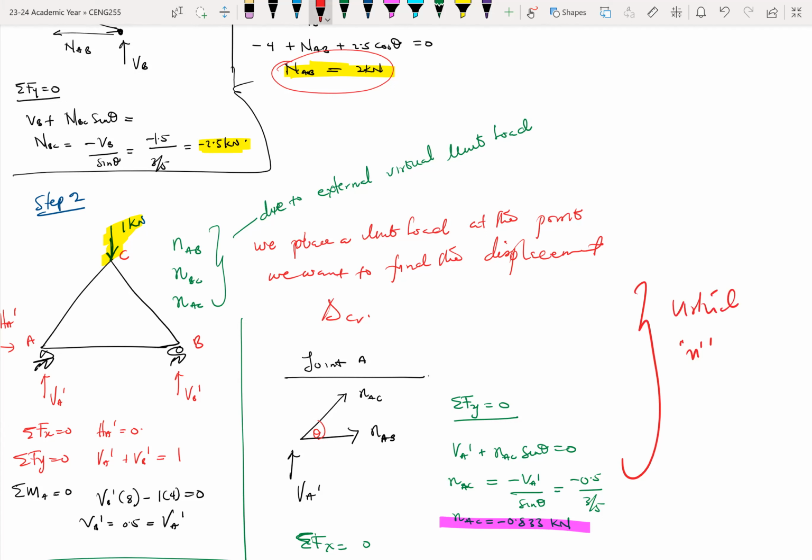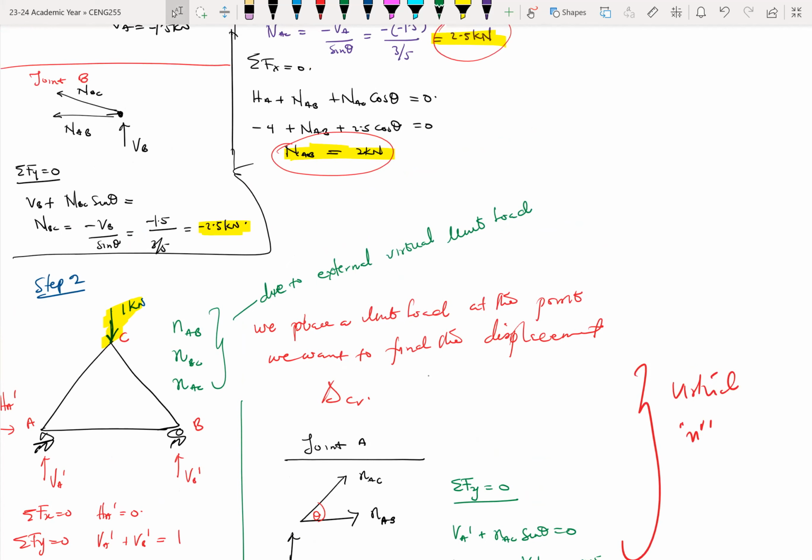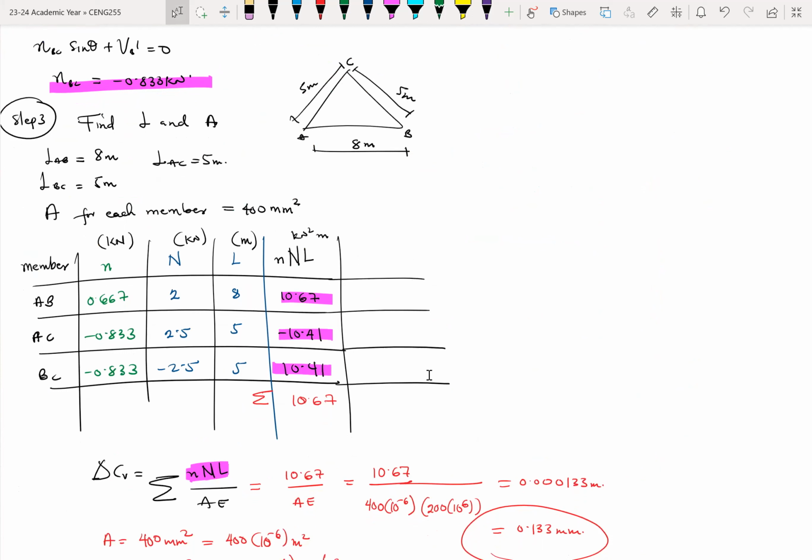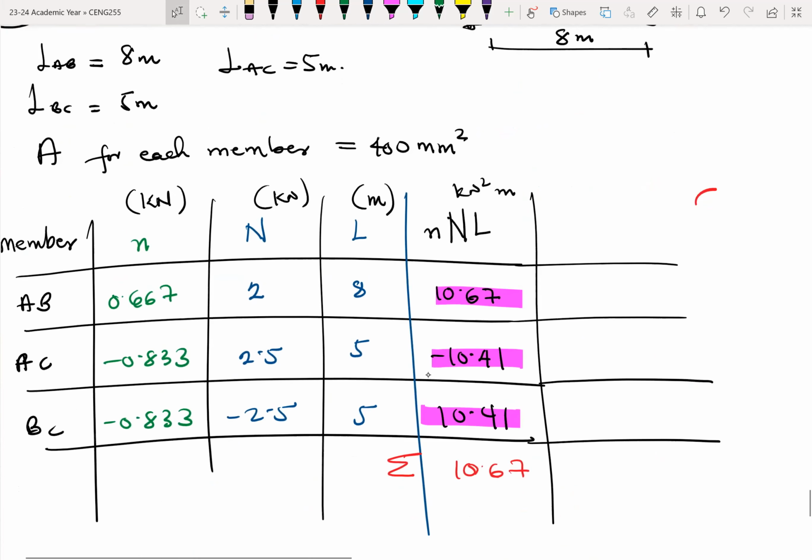So once you find this small letter n, and then you know your big letter N for the different members, you also come and define the length of the members. All right. And it's easier when you tabulate all of this information. Okay. So you create a table depending on which information would be different, right?